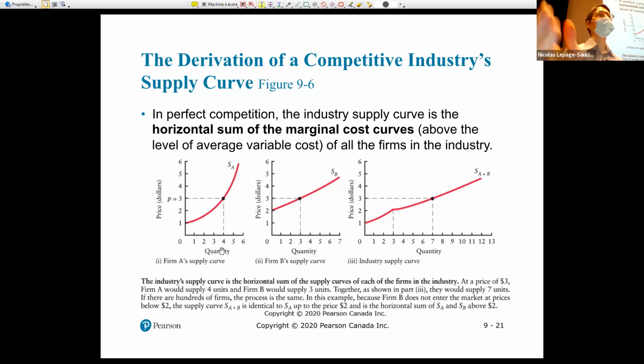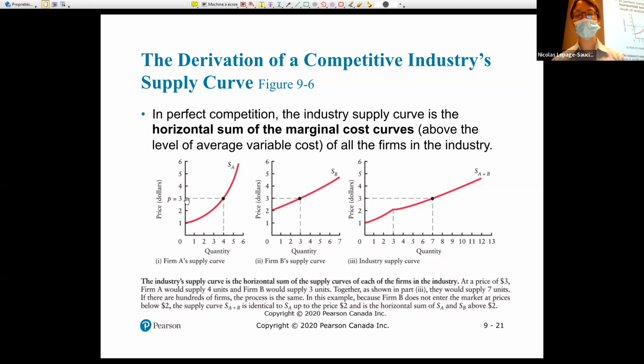Don't worry, you're not going to have to aggregate stuff at the exam. I will try to protect you and remove a question in which you would have to aggregate these curves. That's complicated enough. But just so you know, this is how you do it.